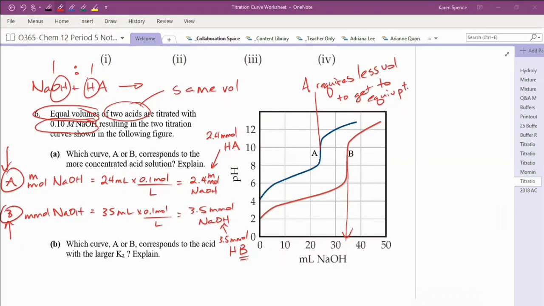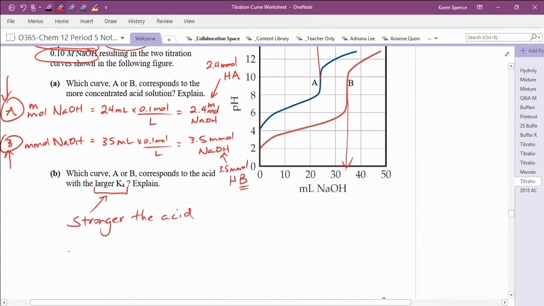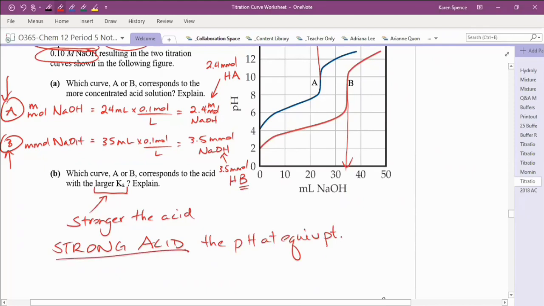So part B, which corresponds to the acid with the larger Ka. Well, the larger Ka means the stronger the acid. And if you have a strong acid, what will the pH be at the equivalence point if we had a strong acid being titrated by NaOH?